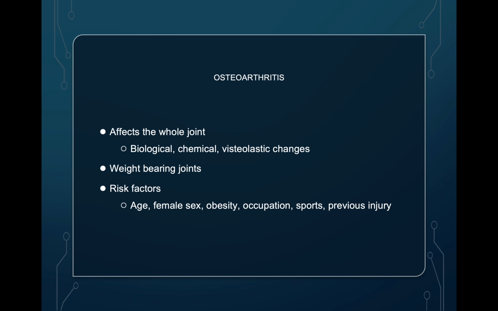Certain types of occupations or certain types of athletes can be at higher risk for osteoarthritis. Think of those occupations or sports in which we have repeated pounding of a joint.